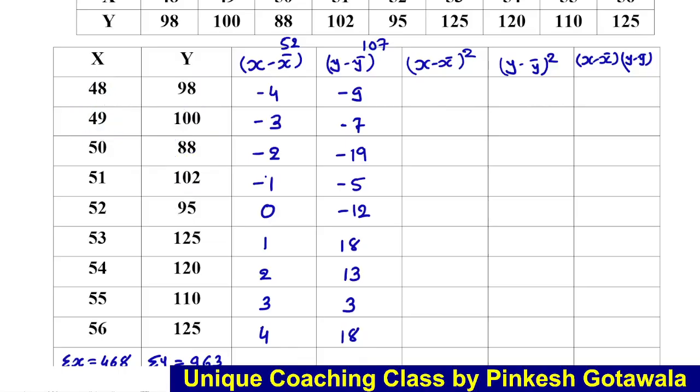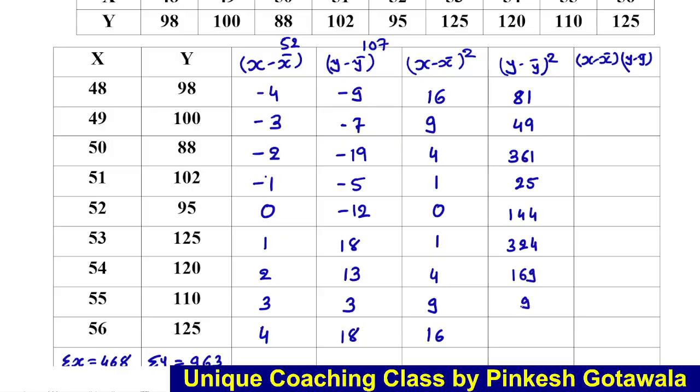Right. Let's prepare the next column, the squares. So 4 squared 16, 9, 4, 1, 0, 1, 4, 9, 16. Now here y minus y bar squared: 9 squared 81, 49, 19 squared 361, 5 squared 25, 12 squared 144, 18 squared 324, 13 squared 169, 9, 18 squared 324.